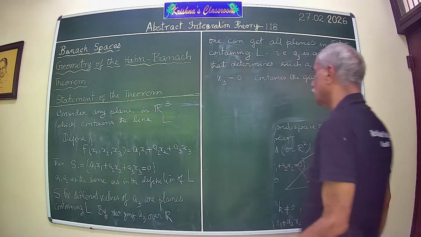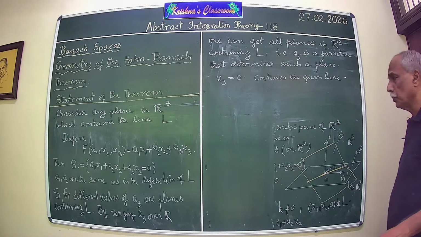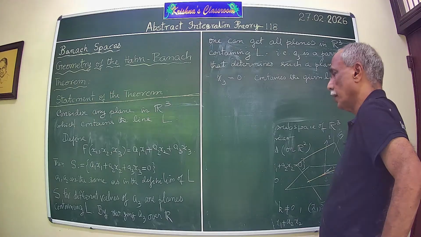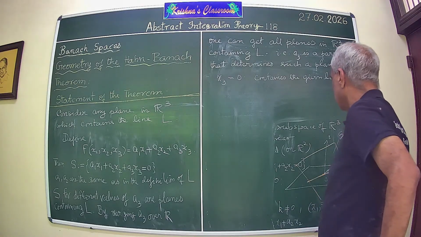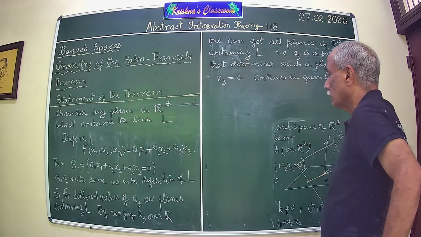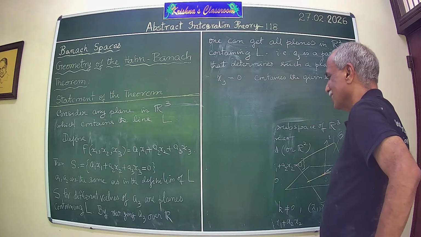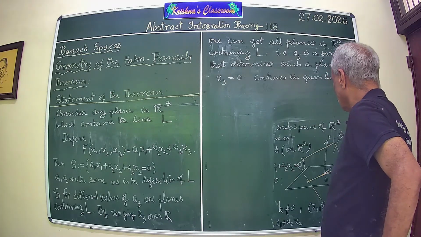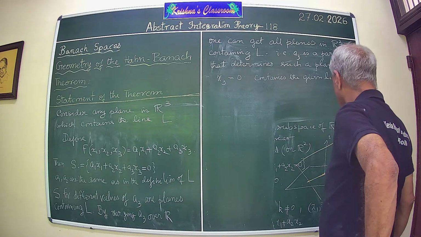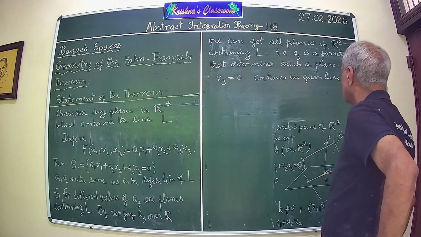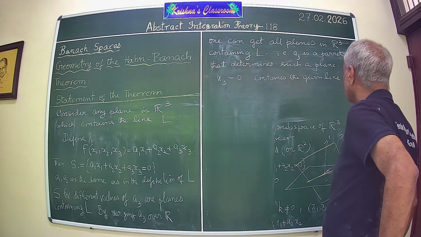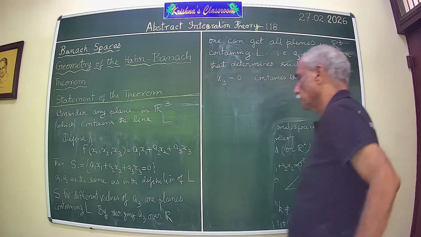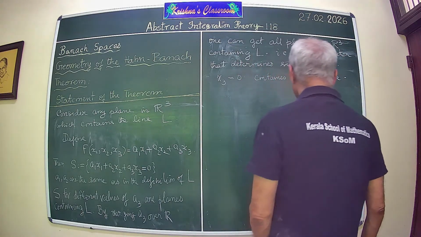Or you choose a1, a2 as 0, 0 and a3 as 1. That contains the given line, okay, right.